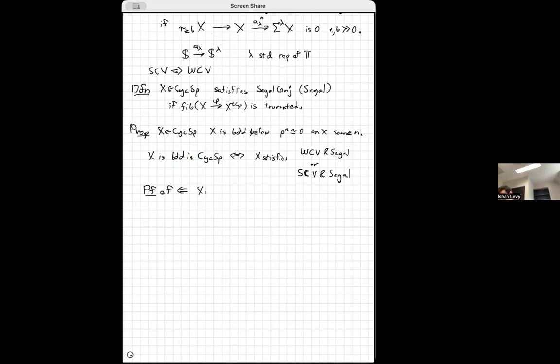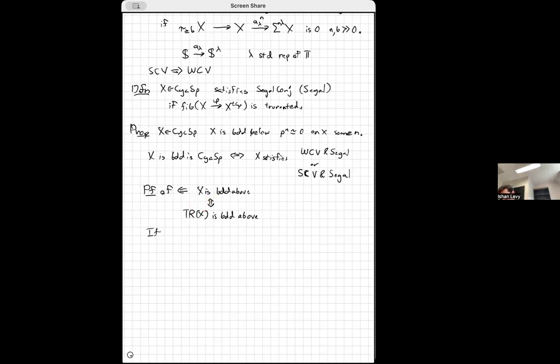X is bounded above, that's equivalent to saying that TR of X is bounded above. And I defined TR last time as maps out of a certain cyclotomic spectrum, this L_{p^∞} of the sphere. But there's really just a very explicit formula for this.